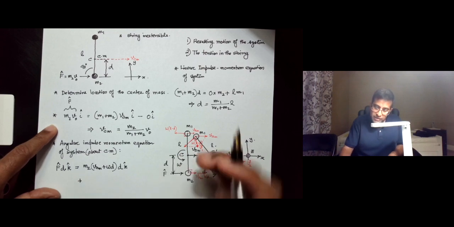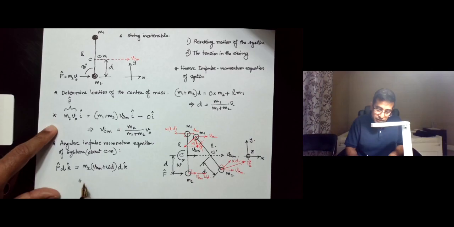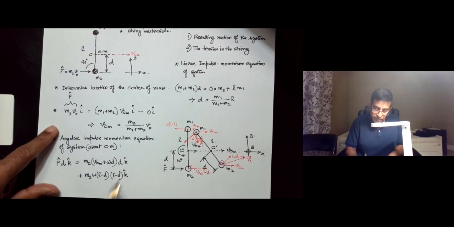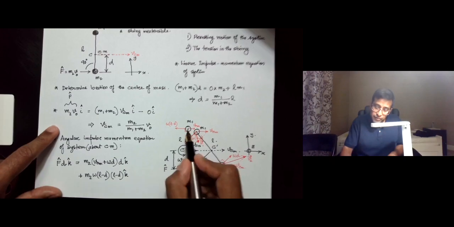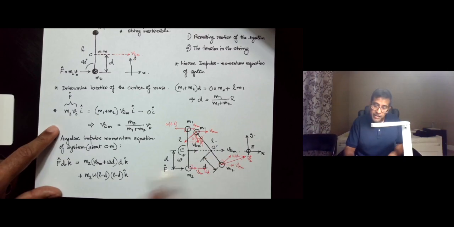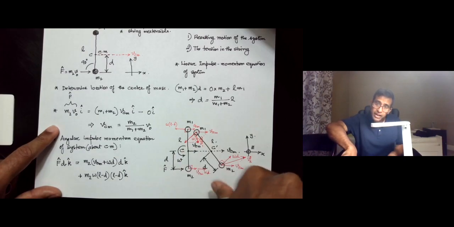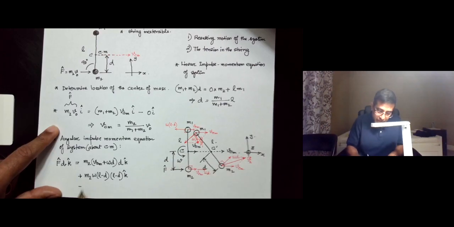For M1, omega (L minus d) is producing a turning effect in the positive k direction, so M2 omega (L minus d) times (L minus d) is in the positive k direction, but VCM, which is going in the positive x direction, now is producing a turning effect in the negative k direction, so minus M2 VCM (L minus d) k.